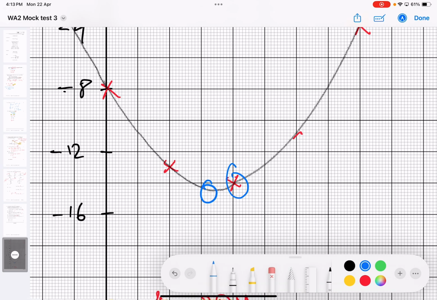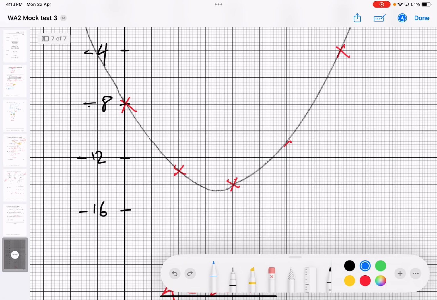At the minimum point, your graph must be somewhat symmetrical. That means that at the minimum point, the distance from here to here must be roughly the same as here to here. So this takes a little bit of experience.